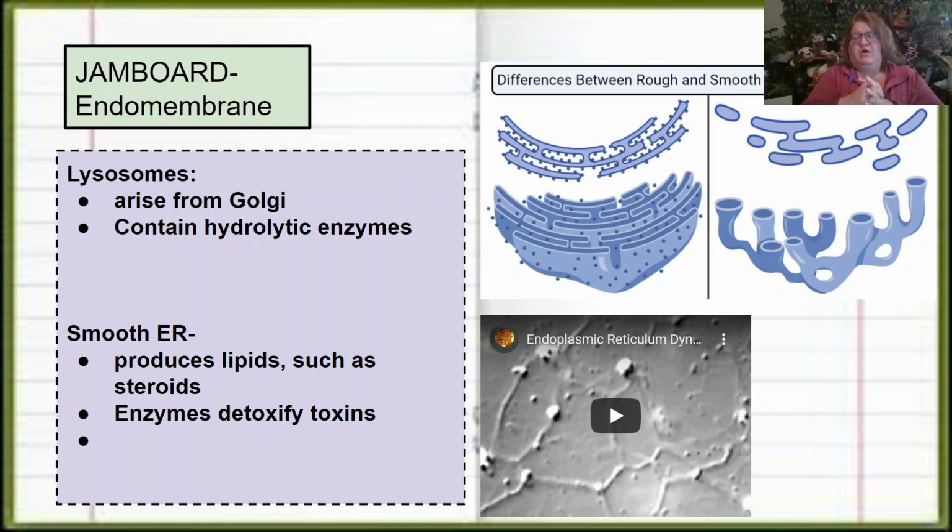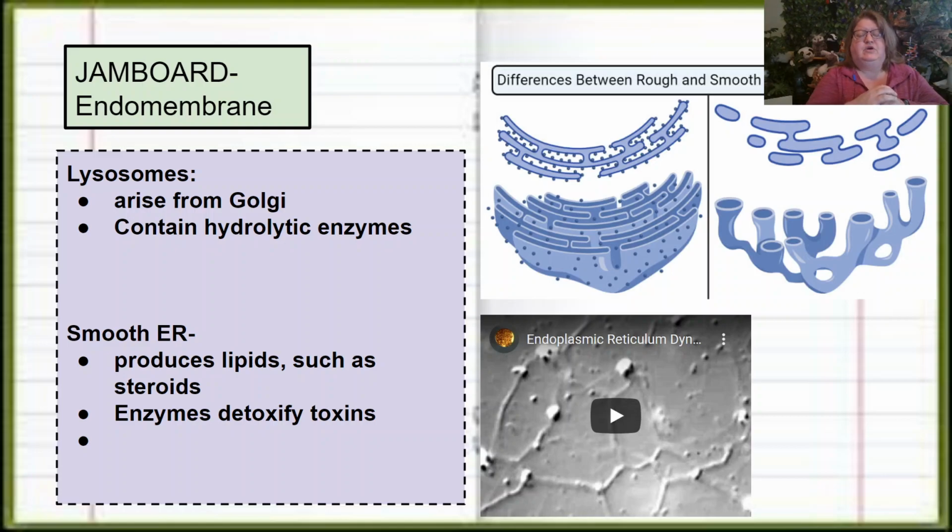The smooth ER, while it's continuous with the rough ER, doesn't make proteins. It's not part of the protein factory. But what it does do is produce lipids like oils and fats and steroids.